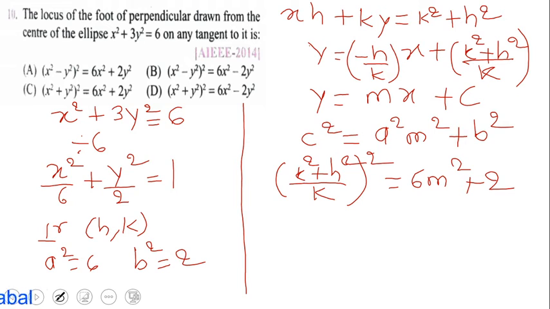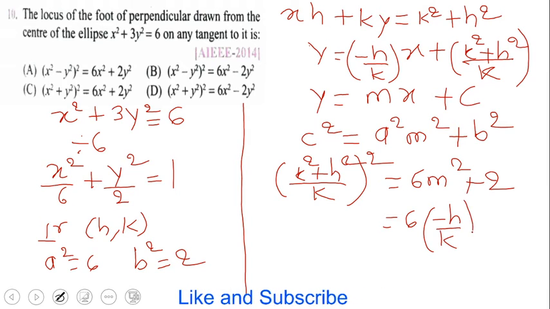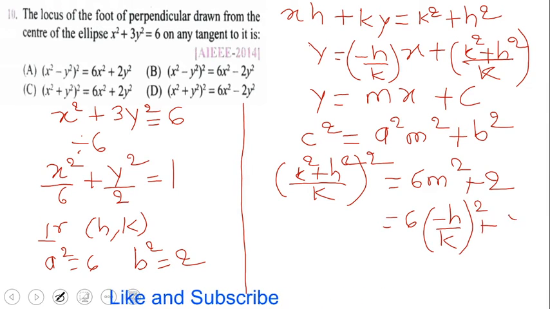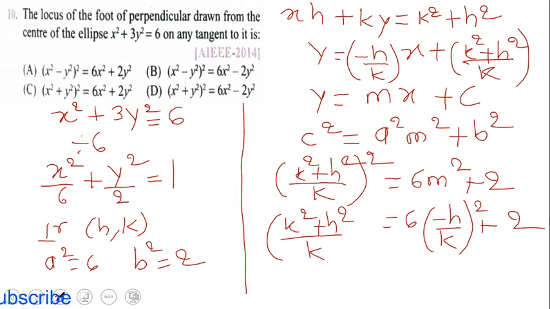Simplifying this, we are going to get a square, which is 6, times minus h by k whole square, plus 2, equal to k square plus h square by k whole square. Then further we'll simplify it.